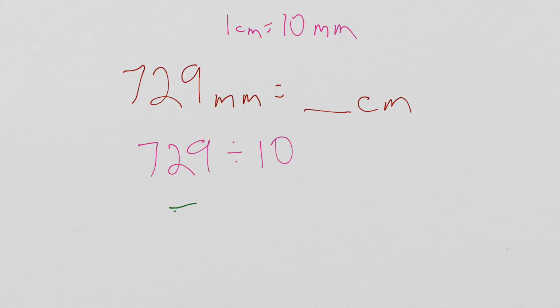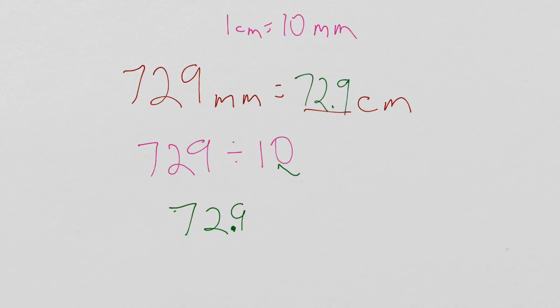And remember, if we're dividing, that means our decimal, which is right here right now, is going to go to the left. And by how many? Well, we've only got one 0, so that means only one place. And then that means it's going to go right there. Let me erase the little bit right there. Okay.